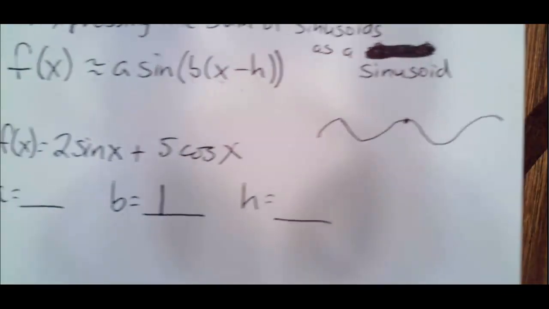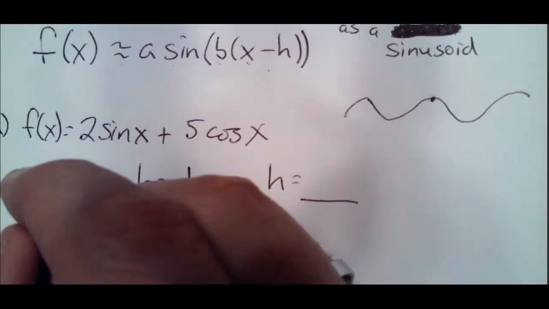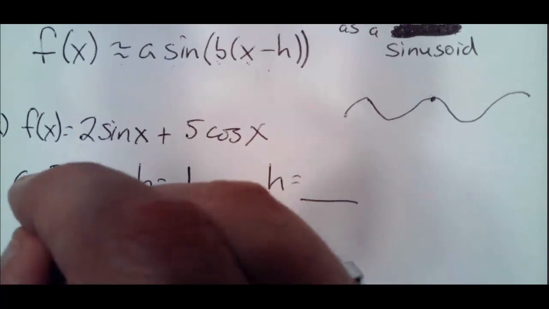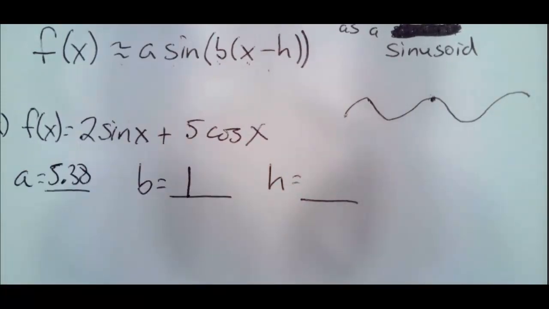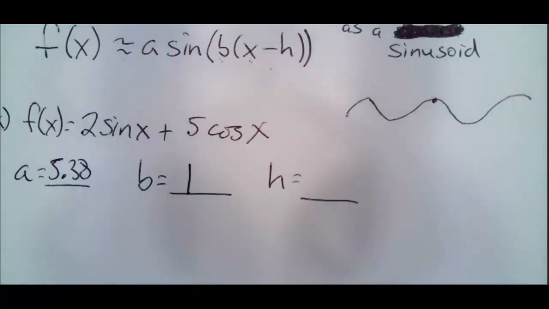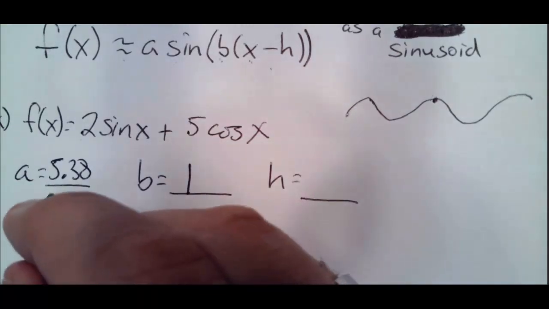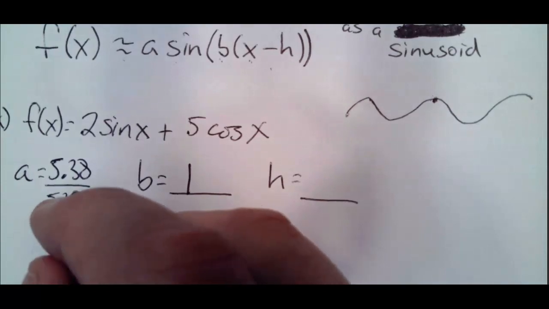So you come over here, A is 5.38. Now, let's say the book or test question, or what I'm going to do on the forms that you're going to complete in a few minutes, might have stated 5.39.